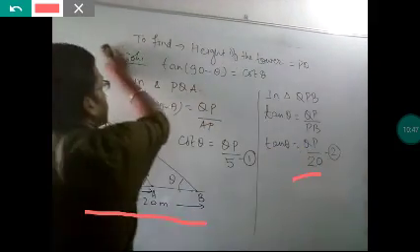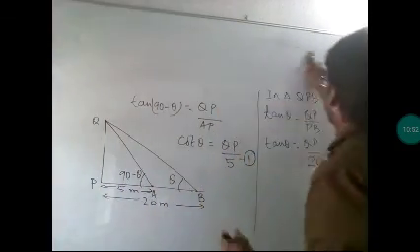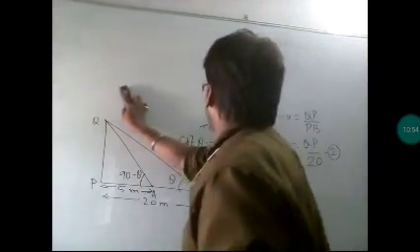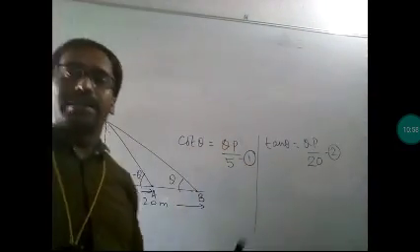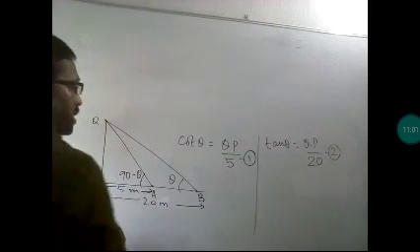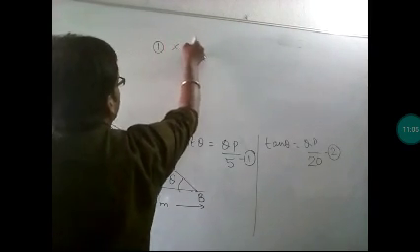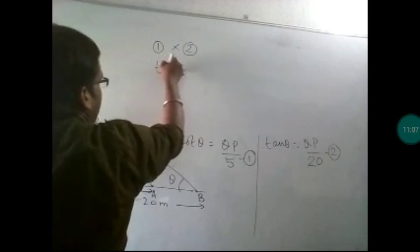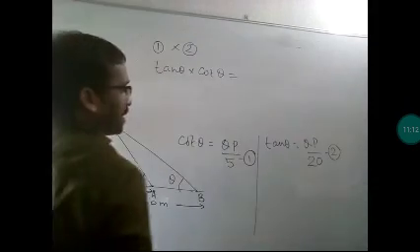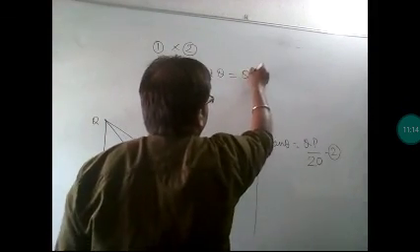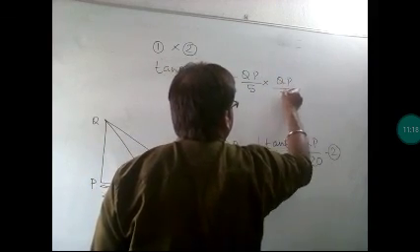Now, one is tan theta, one is cot theta. If you have not forgotten the trigonometric ratios, we have learned that tan theta into cot theta is equal to 1. So we will work on that formula. Tan theta into cot theta is equal to 1. So the first part is QP by 5, and the second one is QP by 20.